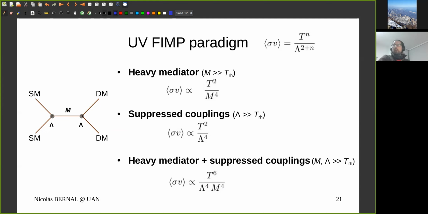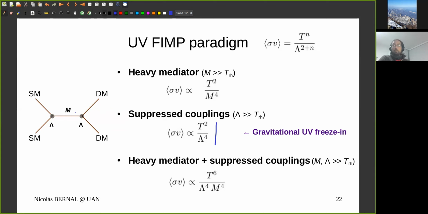There's a particularly well-motivated example of this ultraviolet freezing production, and it corresponds to gravitational freezing. Imagine the mediation of gravity.